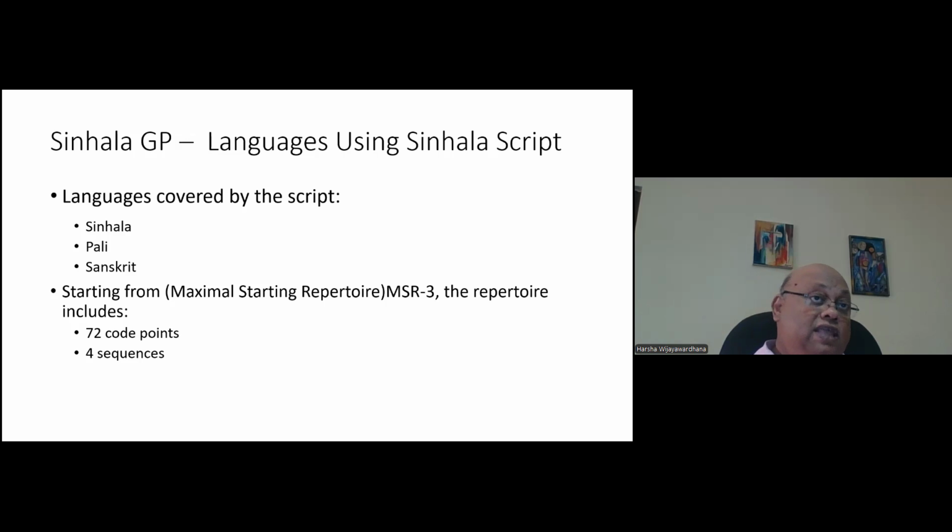Because of that, recently they introduced, because in Sinhala we don't use, for instance, Chandrabindu. That's again a nasal, Nasikya, but we don't use it to write Sanskrit. However, now they have introduced it.